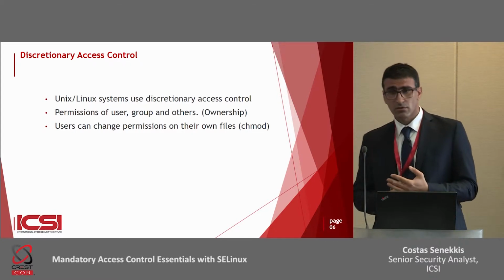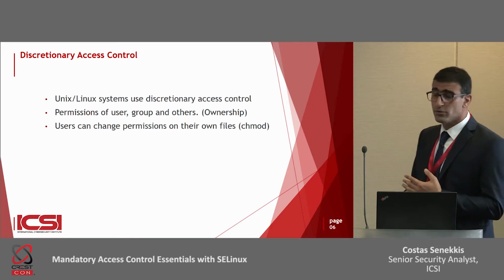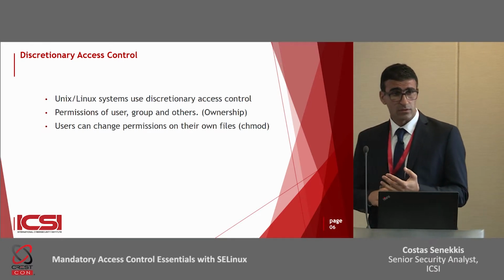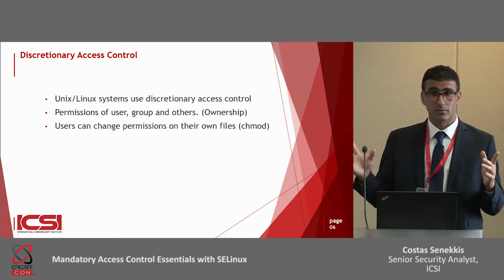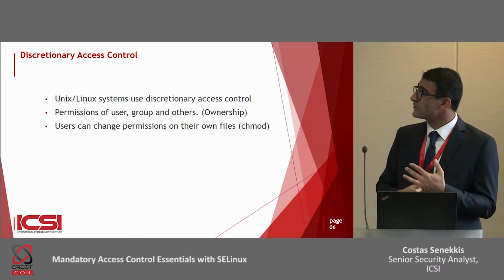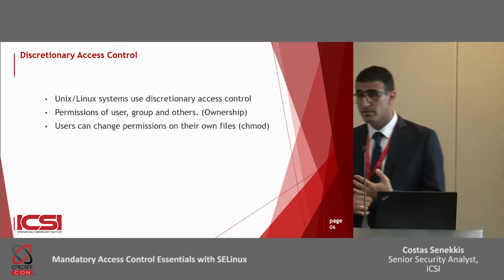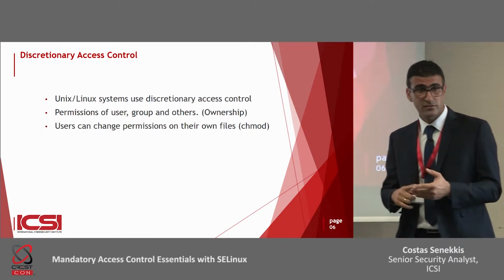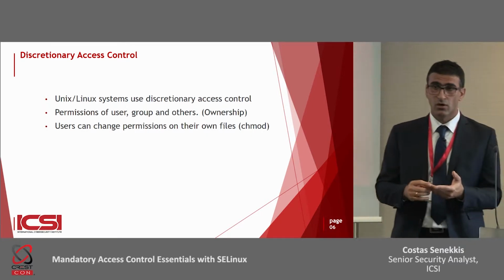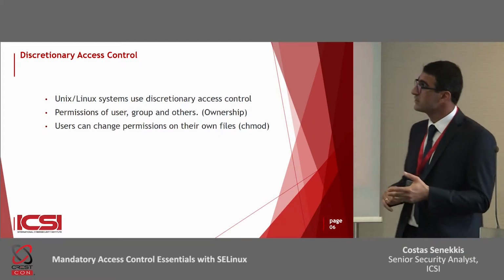Traditionally, a Unix or Linux operating system uses discretionary access control. Who knows discretionary access control? Actually, we are using permissions. On a Linux operating system, we are using permissions for users, groups, and others, which also declare the ownership of files and directories.